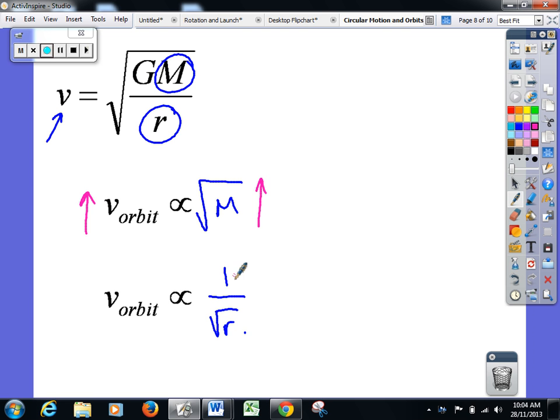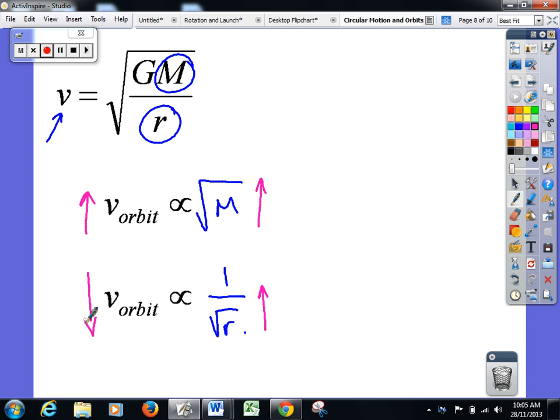What about the radius? As it goes up, what will happen to my orbital velocity? It will go down, because they're inverse, because one's the denominator, one's not. Which means that the closer you are to the central object, the faster you orbit.